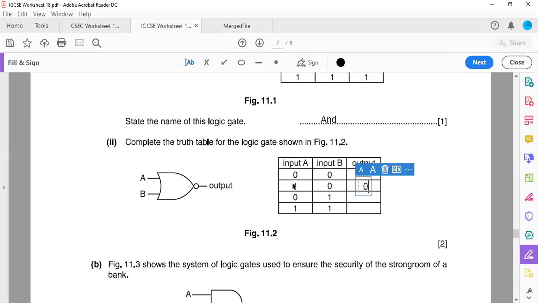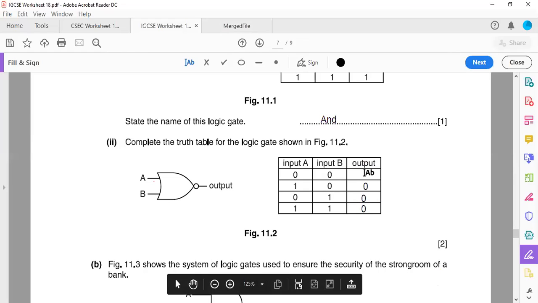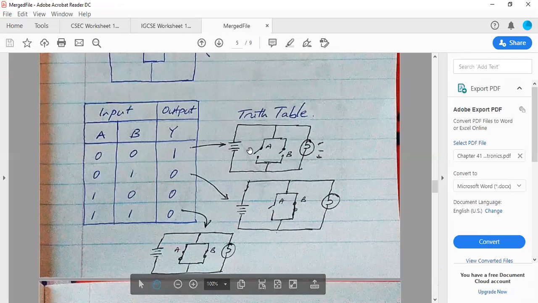So here your A is 1, so you're going to be at 0. Here your B is 1, so you're going to be at 0. Here both of them are 1, so your output is going to be 0. Everything else is going to be 1. So we compare to our table, which is 1 0 0 0.